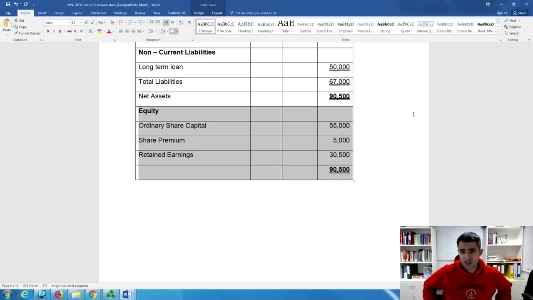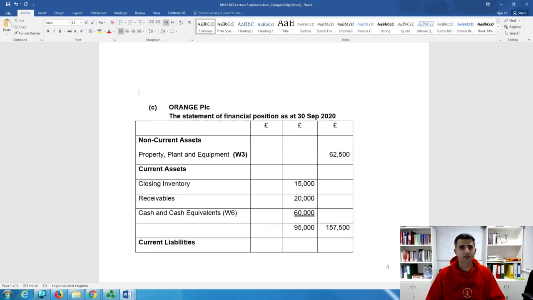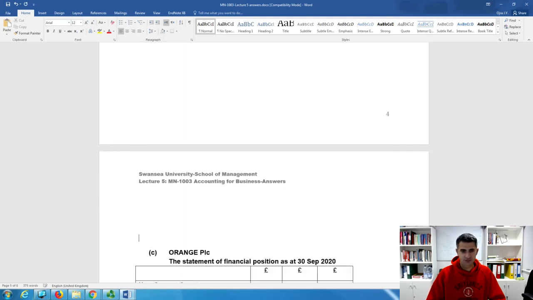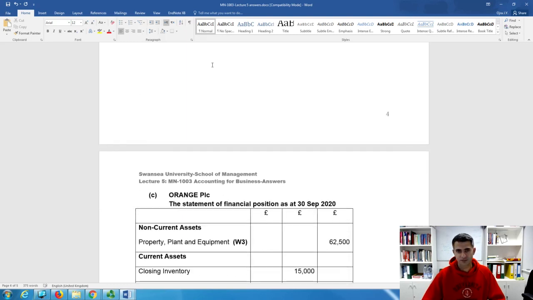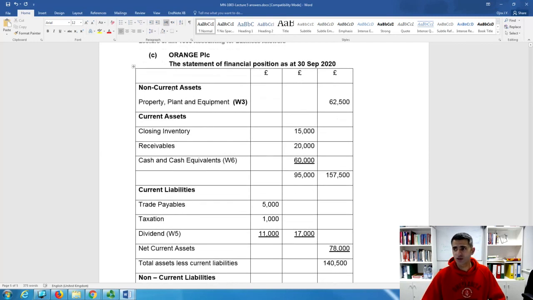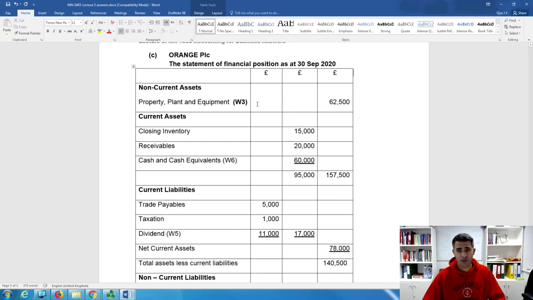So in this case, what's left in the statement of financial position? The assets and liabilities. Here we go. Lovely. So the non-current assets, the one we did in W3, if you remember, under property, plant and equipment.